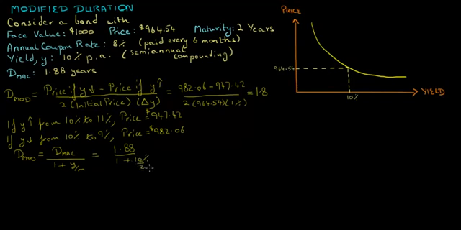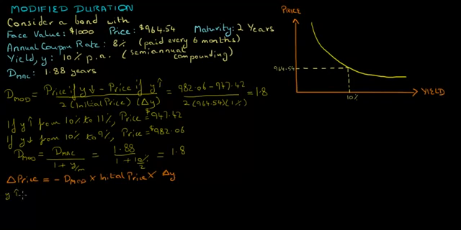Since modified duration is a measure of bonds' price sensitivity to changes in interest rates, the change in bond price can be estimated using modified duration as follows. Negative of modified duration times the initial price of the bond times change in yield.